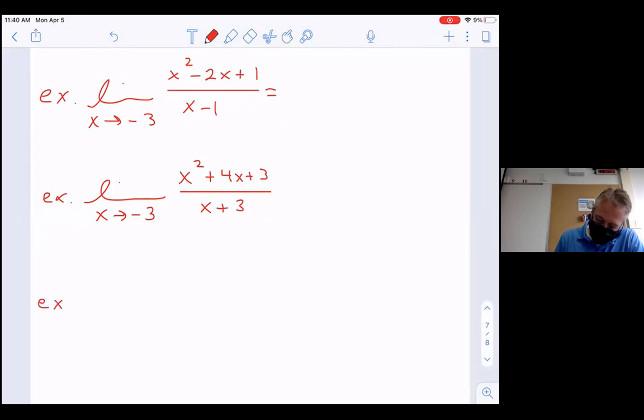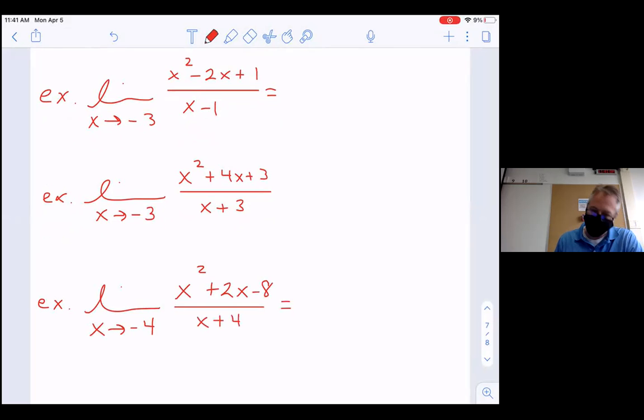And the last one, we're going to find the limit as x goes to negative 4. And again, I'm changing the function. So x squared plus 2x minus 8 over x plus 4. All right, so you guys take a couple of minutes, work on those, and we'll go over those together in just a couple of minutes.